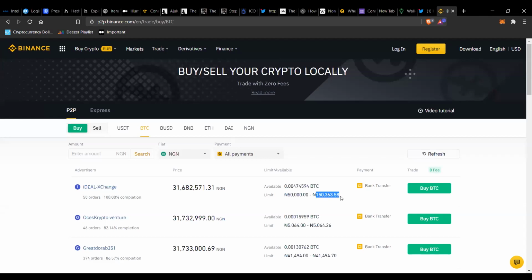So when they hold the coins, you now come and say, okay, I would like to buy. Then you pay the seller. Then you inform them you've paid the seller with proof. Once you place it down there, I've paid the seller, it's now left for the seller to confirm. If he doesn't confirm your trade within a certain amount of minutes, then you create a dispute, and they review the transaction, and then they credit the coins.